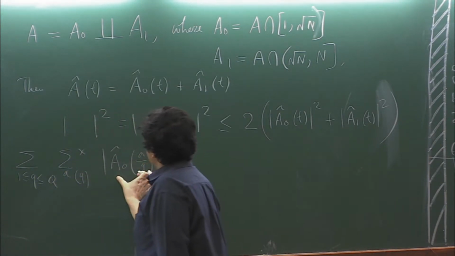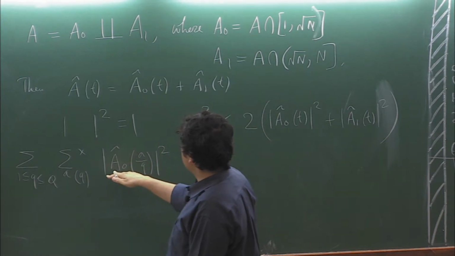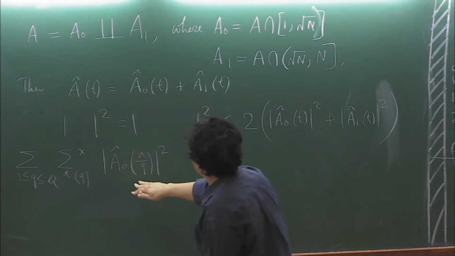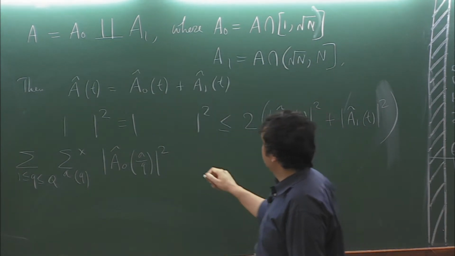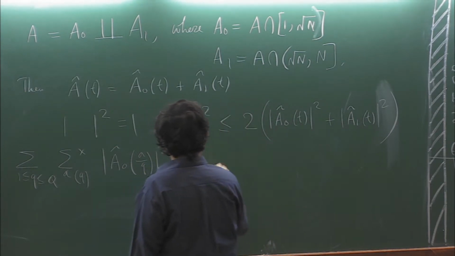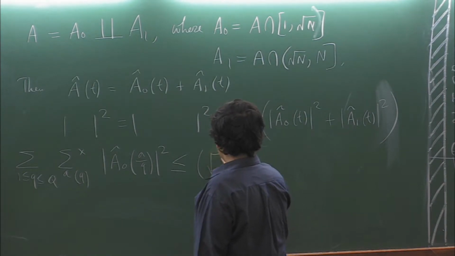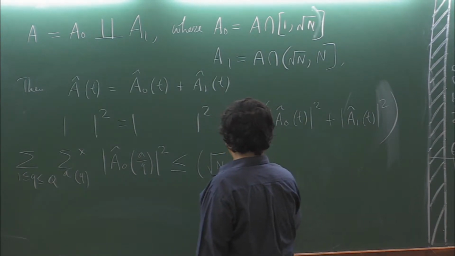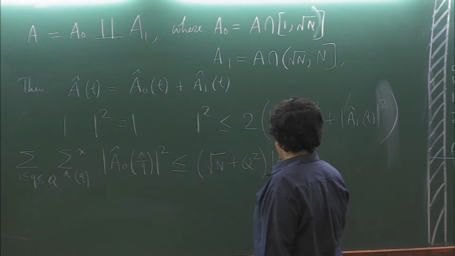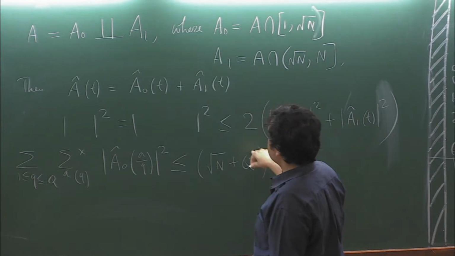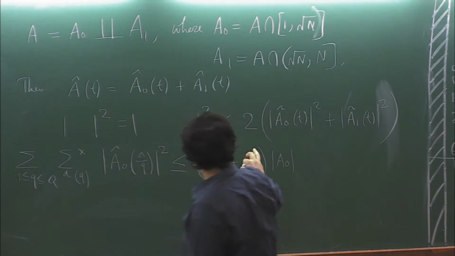So here A0 hat just means the sum of e of n a by q, where n runs over A naught. And the length of A naught is at most root n. So if you use the usual large sieve, the length will be root n plus q squared times the norm squared, which is the size of A naught. And q squared is at most, I have assumed q is up to n to the 1/4, so this is also root n.